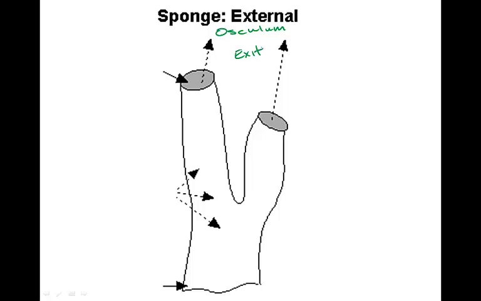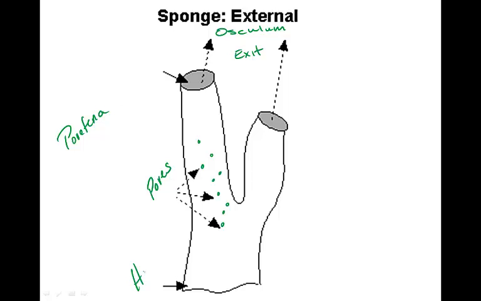For things to enter the sponge, they would enter through the pores. And these pores that are found along the sponge are what give the sponge's phylum, Porifera, its name.